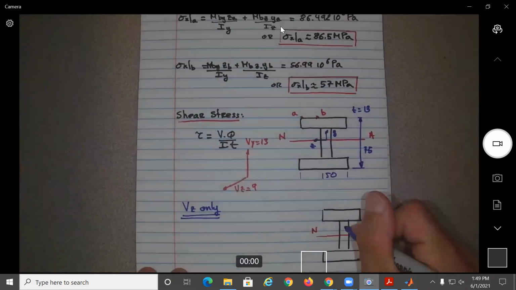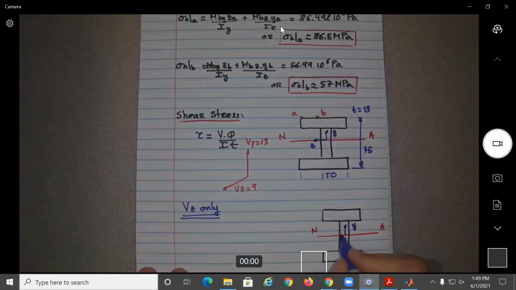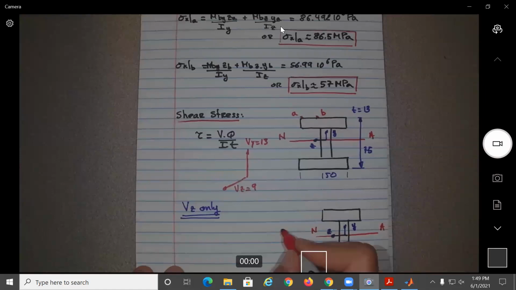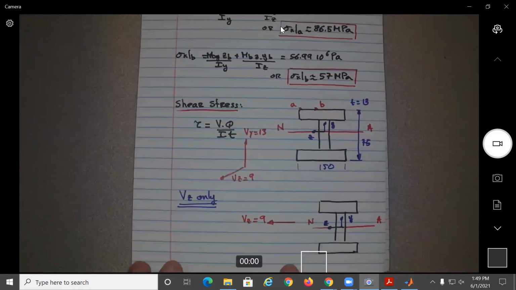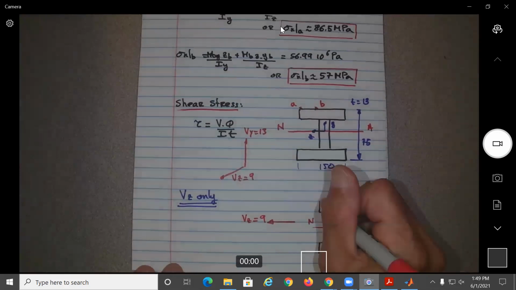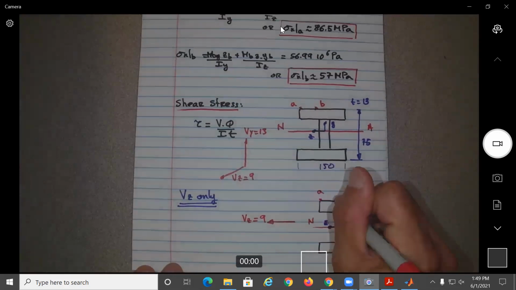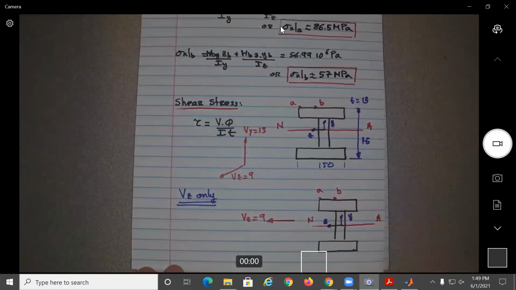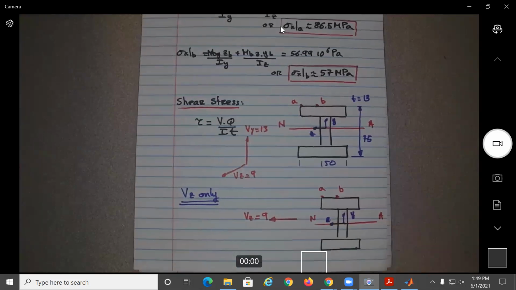This will be Y. And this is Z. So we're looking at the effect of what? In what direction will be the force? Vz is pulling in that direction. Okay? All right, and this is point A. And this is point B.